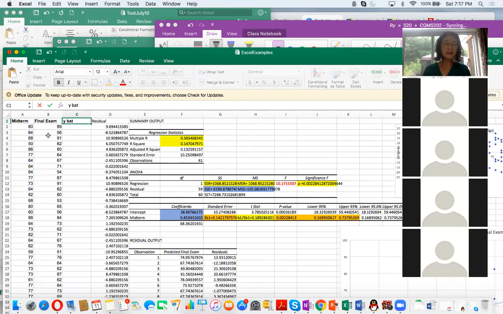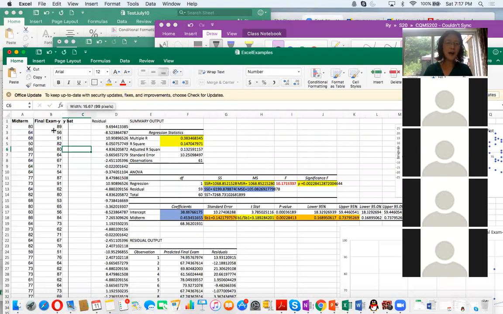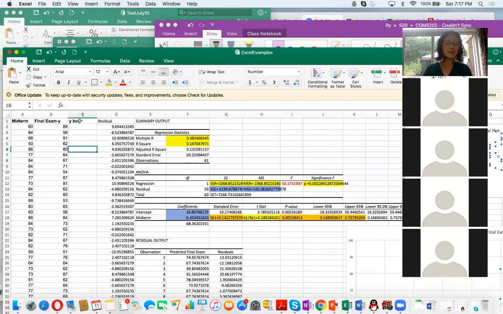So what is Y? By the way, any data in the final exam, that is your Y. What is Y hat? Y hat equal to B0 plus B1 multiplied by X. Because I want this formula to be true for all the numbers, I need to modify the cell reference to an absolute cell reference.